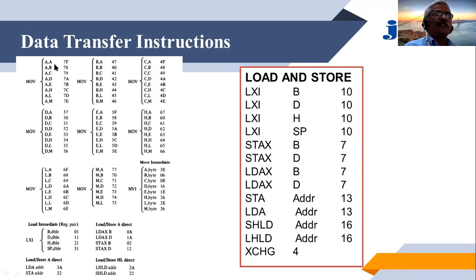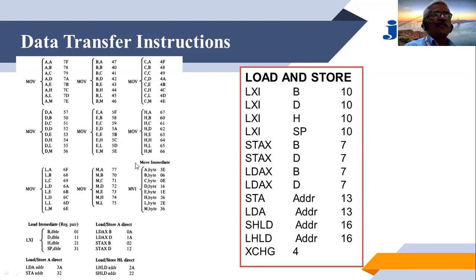So as you change the source and destination, the operation code in hexadecimal format will change for that instruction. Or in other words, though the instruction is single, that is move, as you assign different operands to it, it takes different shapes and hence different codes for different sources and destinations.